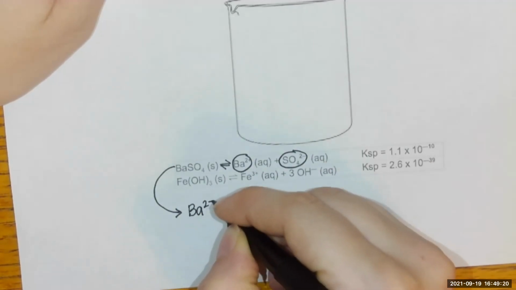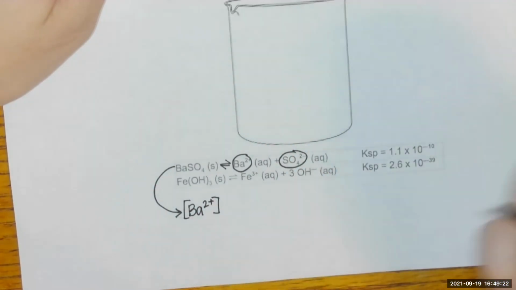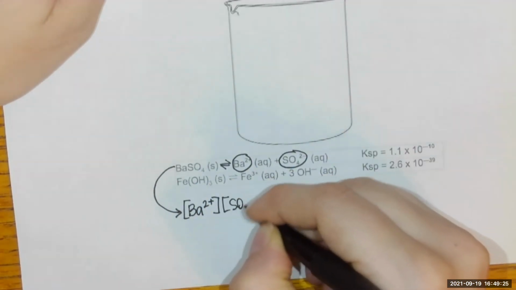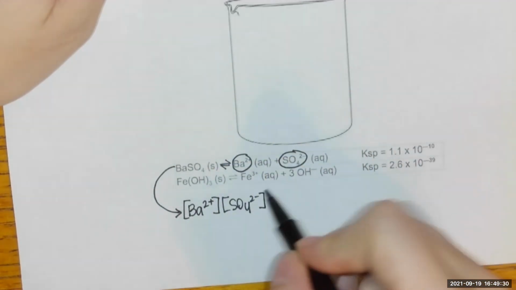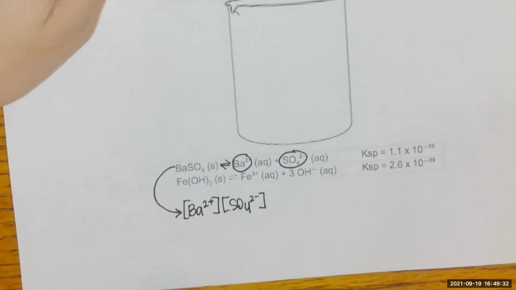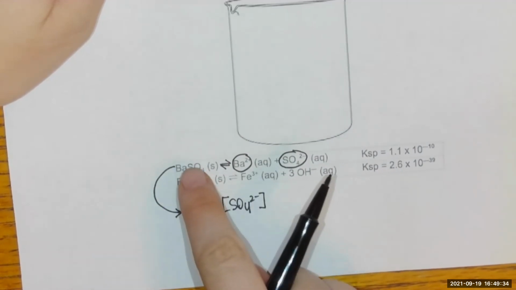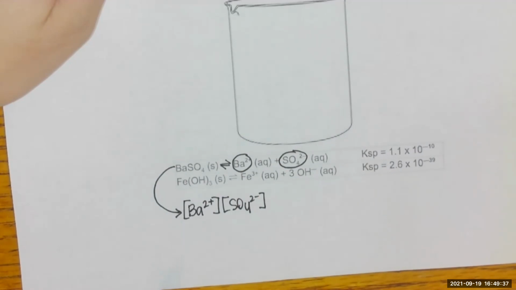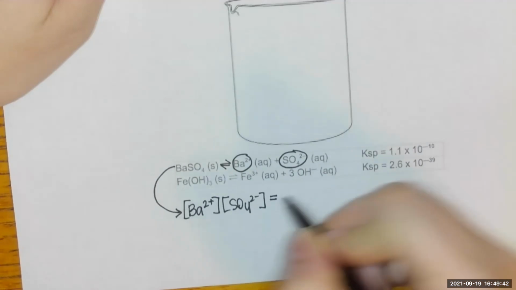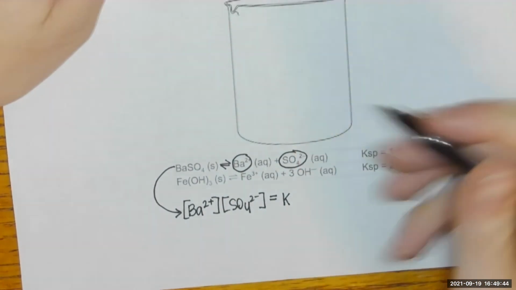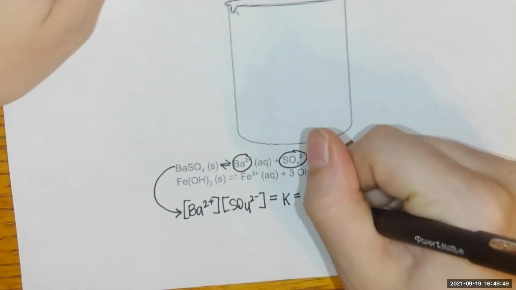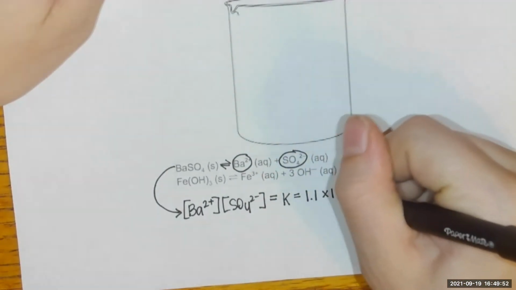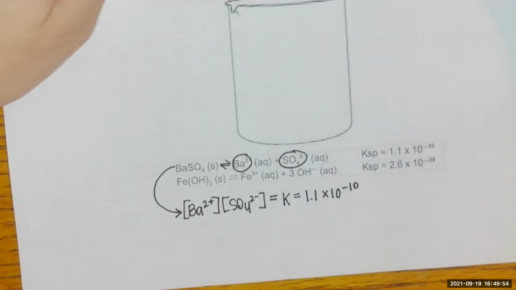So I have the barium is one of my products, the sulfate is the other. Neither of them have numbers in the front, so we don't have to raise it to any special powers. This would go on the bottom, but it's a solid, so I'm not going to write it. And this is equal to K. K for this reaction is equal to 1.1 times 10 to the negative 10.